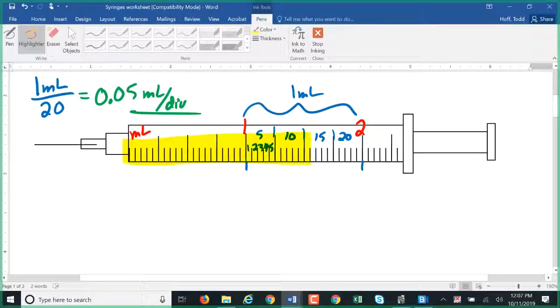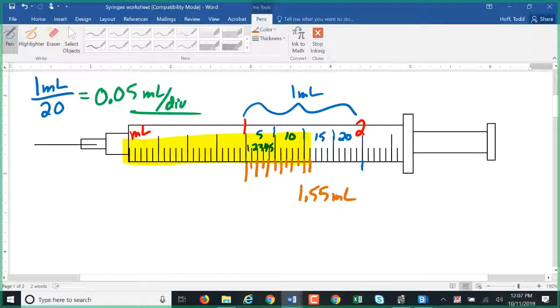So if this is filled like that, count up or down again. I'm going to go ahead and count up from the 1. This will be 0.05, 0.1, 0.15, 0.2, 0.25, 0.3, 0.35, 0.4, 0.45, 0.5, 0.55. So that's 1.55 milliliters.